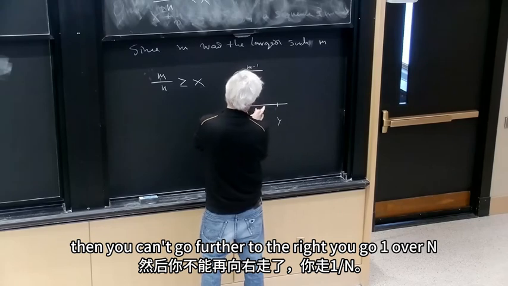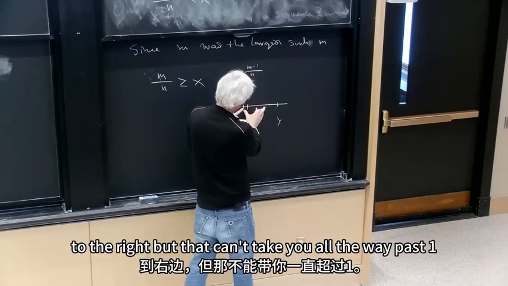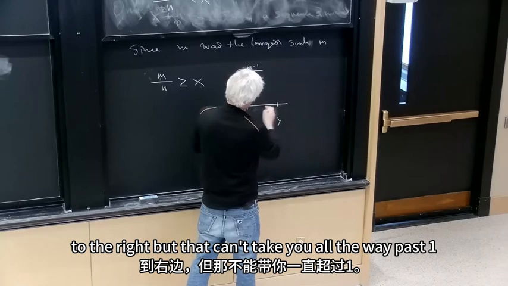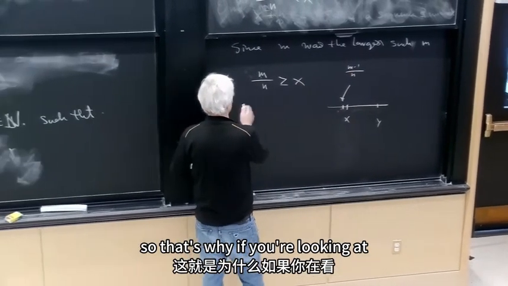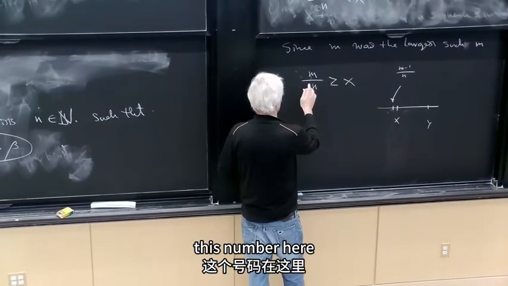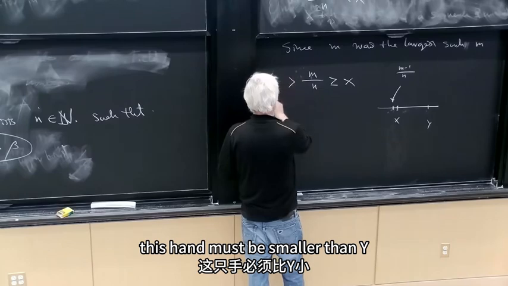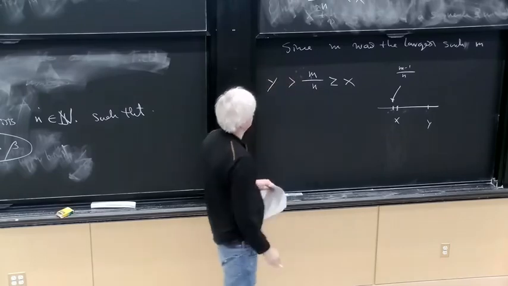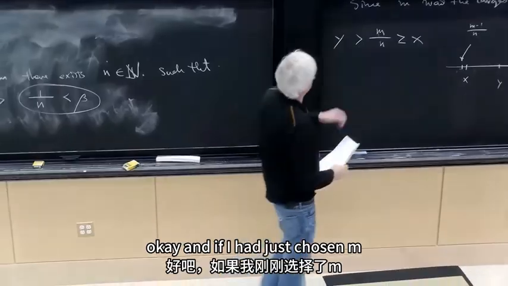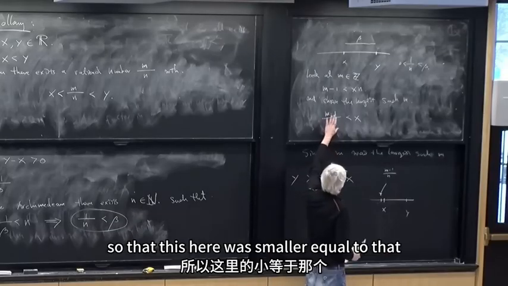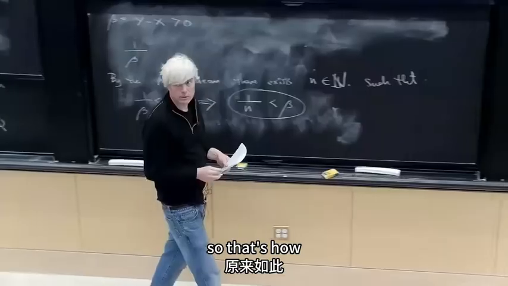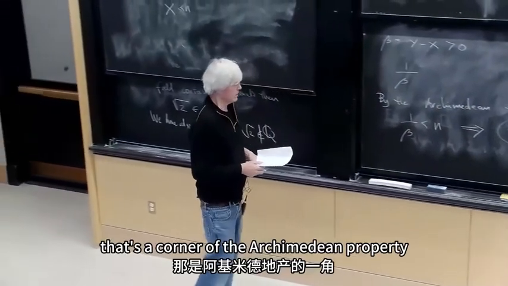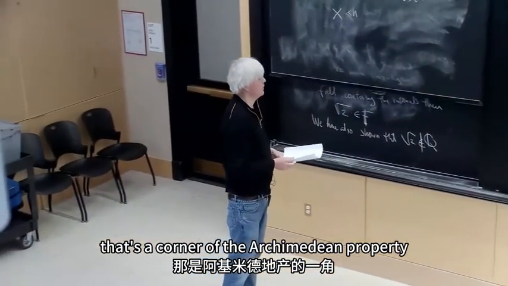You go 1 over n to the right, but that can't take you all the way past y. So this number here must be smaller than y. Okay, and if I had just chosen m so that this was smaller or equal to that, then I would get this strict inequality. Okay, so that's a corollary of the Archimedean property.